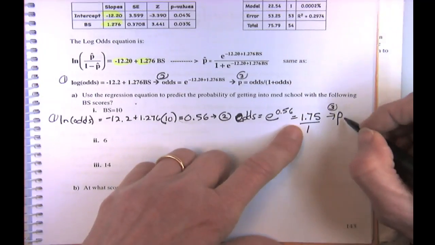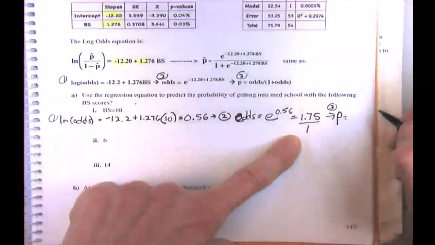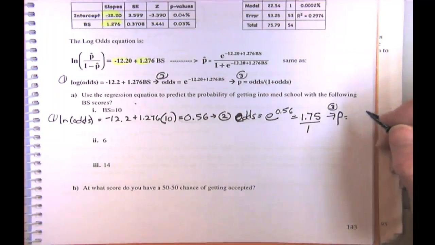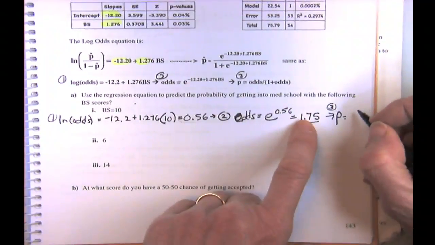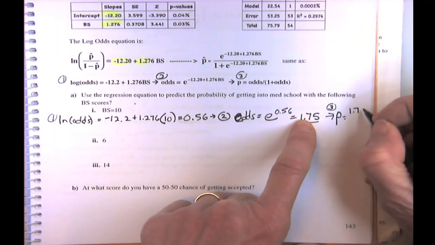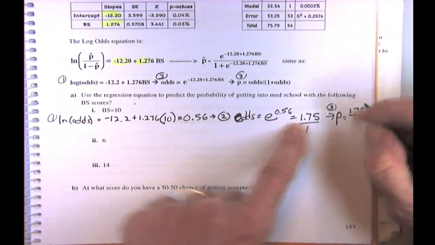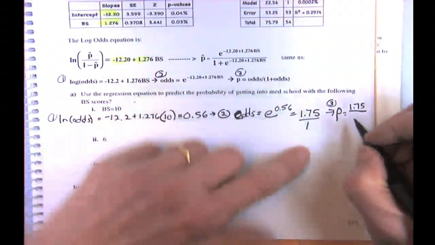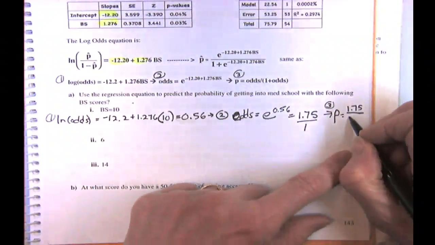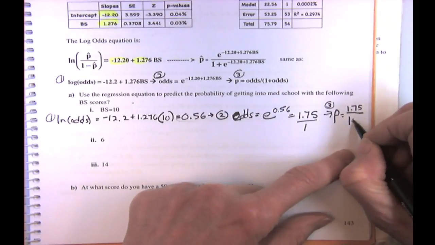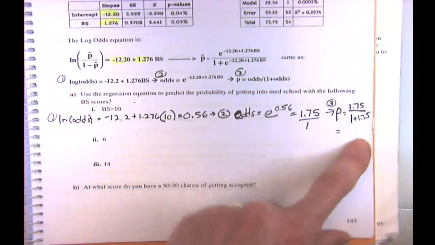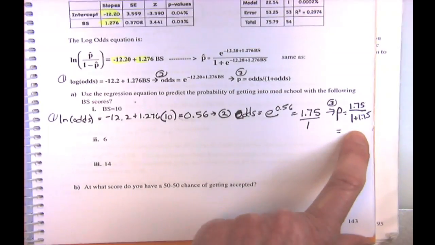It's probability. Think of this as success and that as failure. So your probability would be success over the total, success and failure. That's what you're doing here. 1 plus 1.75. So that's 1.75 over 2.75.